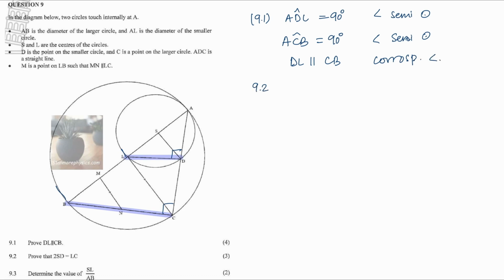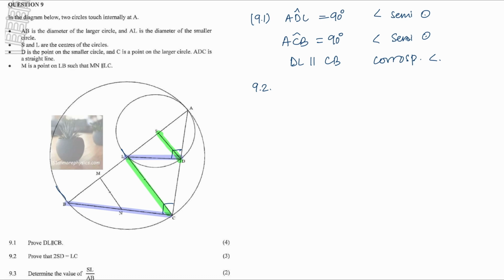Now question 9.2, prove that 2SD is equal to LC. Okay, so I'm going to highlight this. So LC and SD. Since L is the center of the larger circle, LC becomes the radius.